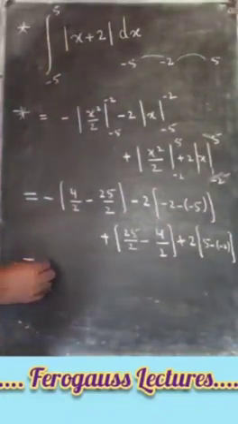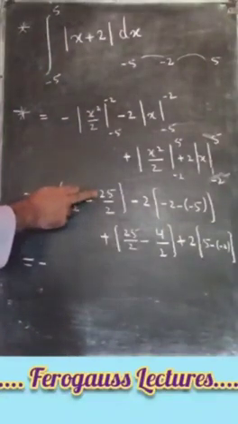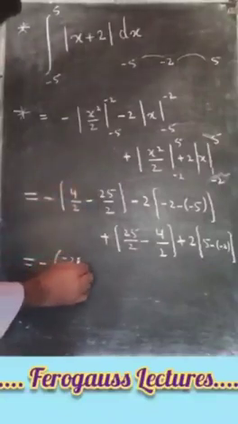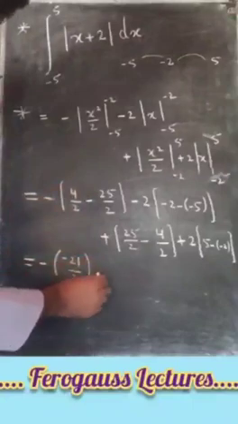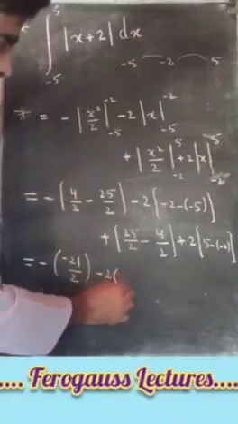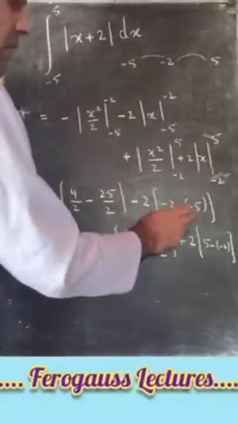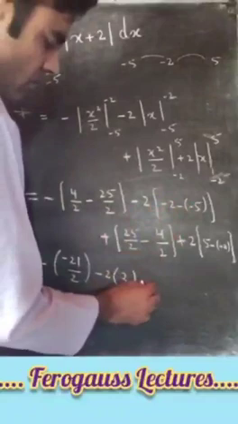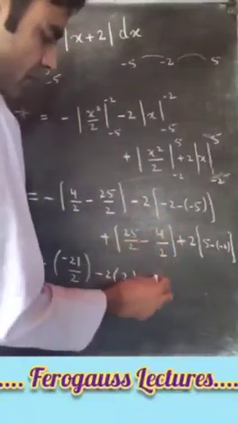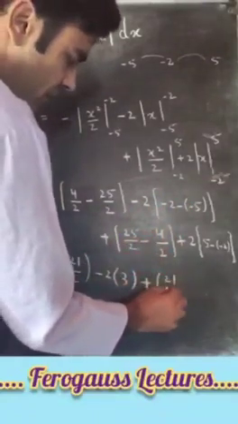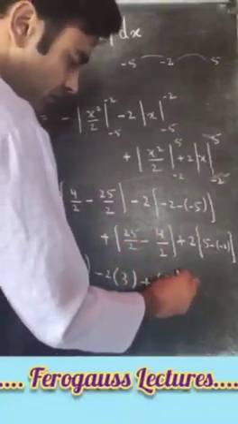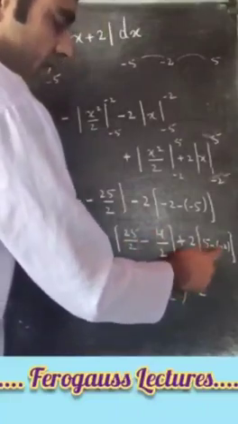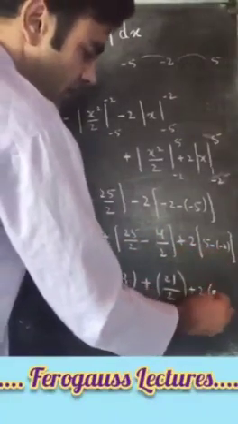that is further equal to minus times, 4 minus 25 is minus 21, divided by 2, then minus 2 times, minus minus is plus, it is plus 5 minus 2, that is 3, plus 25 minus 4, that's 21 divided by 2, plus 2 times, 5 minus minus is plus, 5 plus 2 is 7.